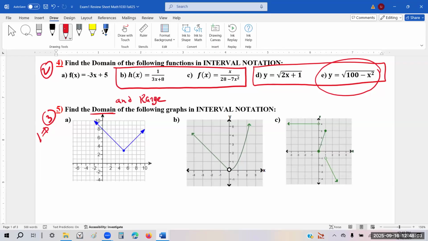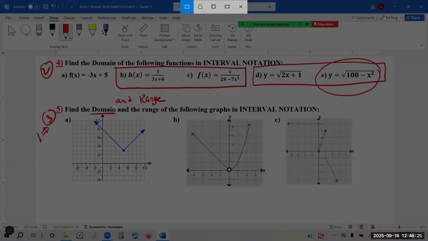Wow. Find the domain and the range of this graph. Let me actually fix it here in case I forget it later. Find the domain and the range. So 2 things, in interval notation.